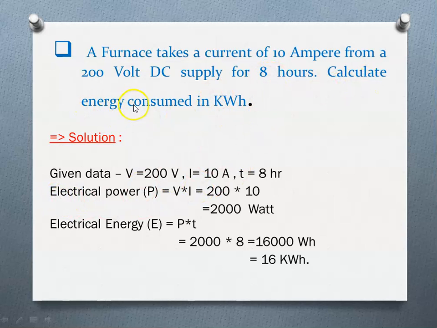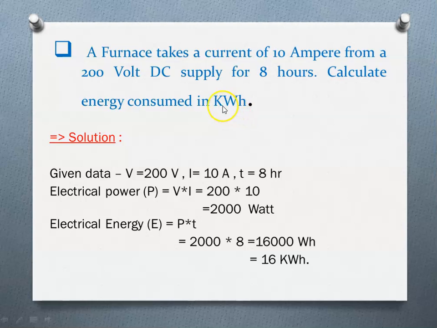We have to calculate the energy consumed in kWh, but we know that energy is the product of electrical power and time. So first calculate the electrical power. Electrical power P is equal to voltage into current. So 200 into 10 is 2000 watt. The electrical energy is equal to power into time, so 2000 watt into 8 hours gives 16,000 watt hour.